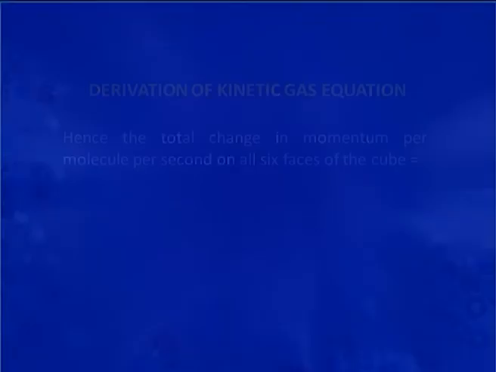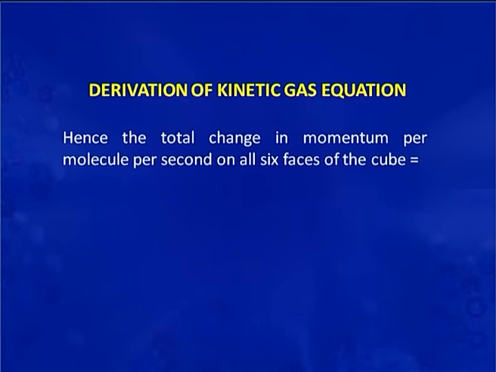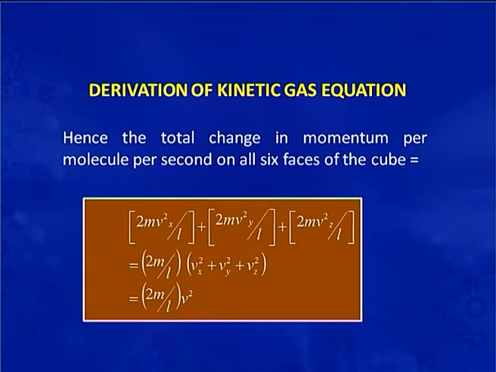Now, we can calculate the total change in momentum per molecule per second on all 6 faces of the cube. On adding all these, we get 2mvx square by L plus 2mvy square by L plus 2mvz square by L.